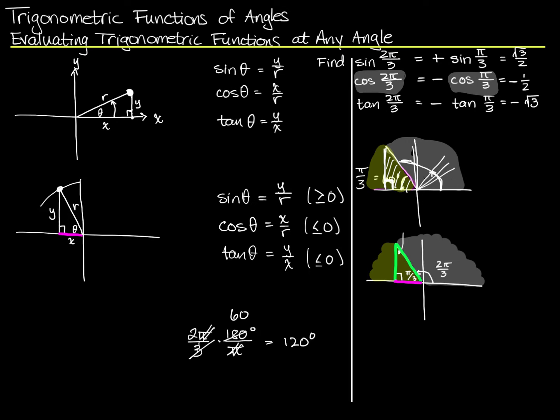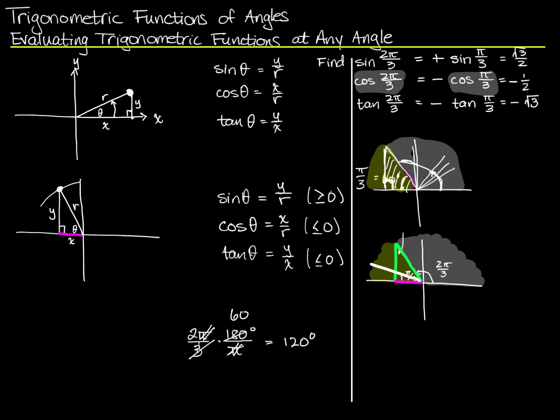Now, I've mentioned this a couple of times, but I've sort of done it on the fly, and I'm going to make it a little bit more formal by saying it again here. I have done this exercise for one angle, 2 pi over 3. I have found the sine, cosine, and tangent of 2 pi over 3. That angle happens to be in quadrant 2, but it doesn't matter where in quadrant 2. Let me draw another angle just very quickly here.